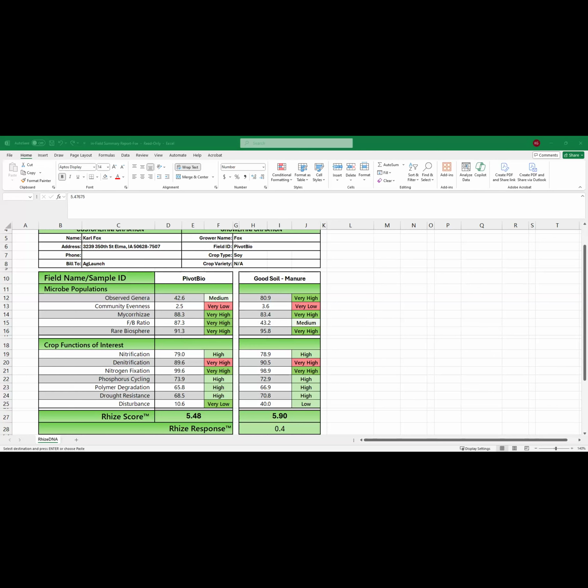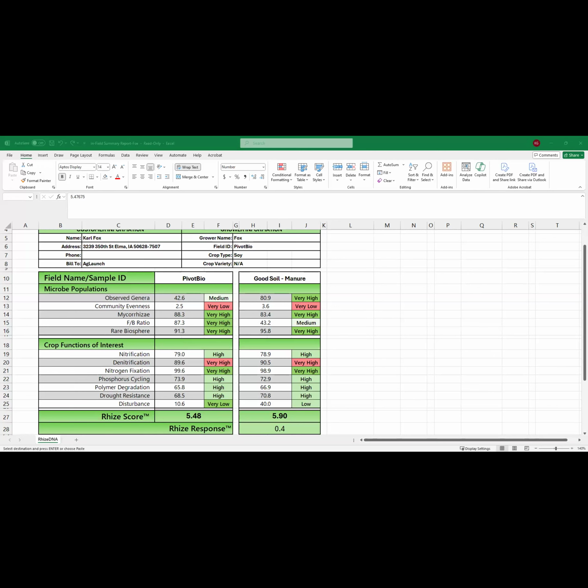a metric of how much diversity we have. Are there a lot of microbes competing for resources, or do you have one or two or three dominating species that really establish a strong population, which is what we're seeing with this sample as well?